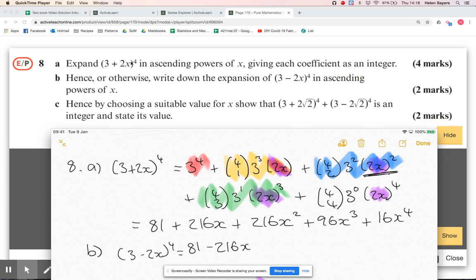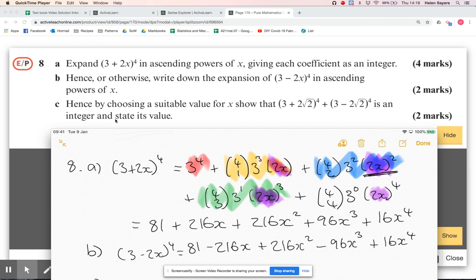Your x squared term will stay positive, because if you square minus 2x, it becomes positive 4x squared, so that term wouldn't change. The cubed term will become negative, because if you cube minus 2, it is negative, but the actual value won't change. And the power of 4 will be positive. Obviously that's a heck of a lot easier and quicker than doing the full expansion again.